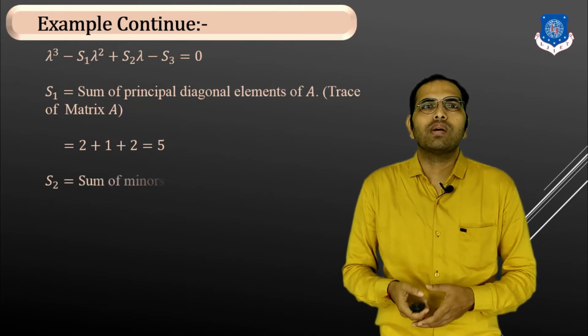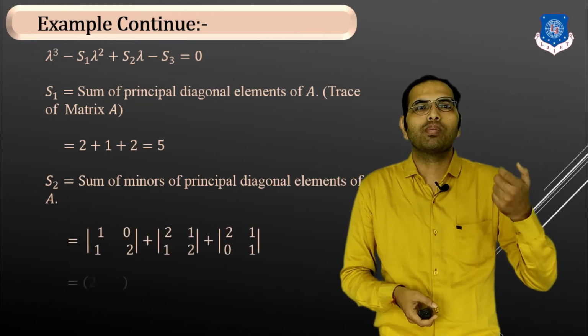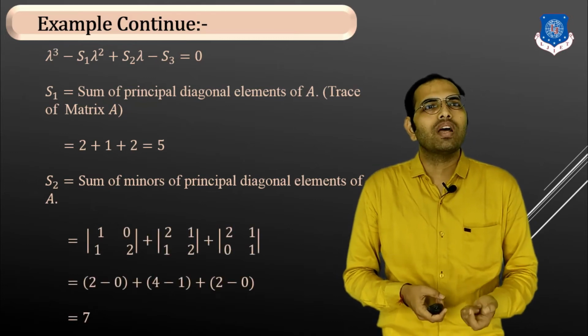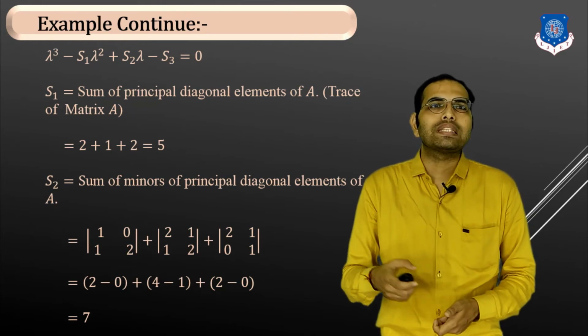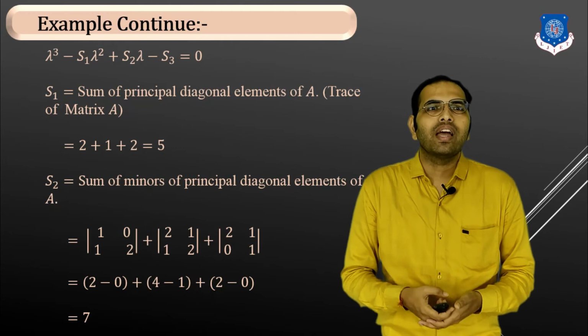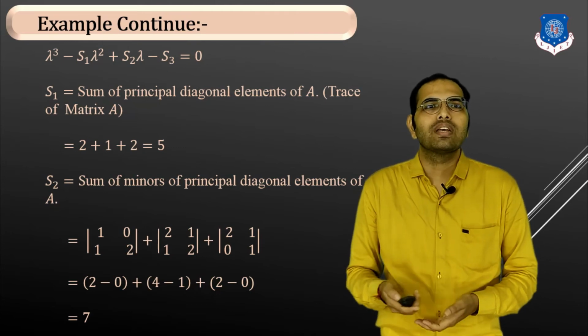Now S2 equals the sum of the minors of the principal diagonal elements. Here the minor of 2 is the determinant 1, 0, 1, 2, plus the minor of 1, that is 2, 1, 1, 2, plus the minor of 2 again, 2, 1, 0, 1. Simplifying, that gives 2 minus 0 plus 4 minus 1 plus 2 minus 0, that is 7.